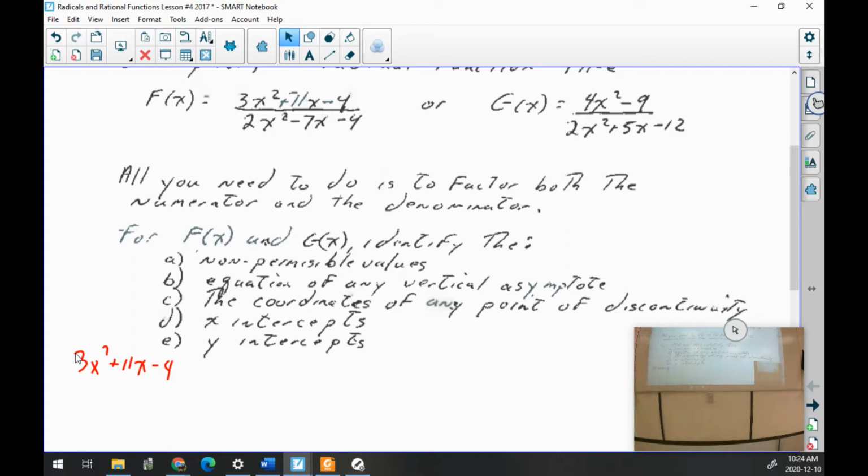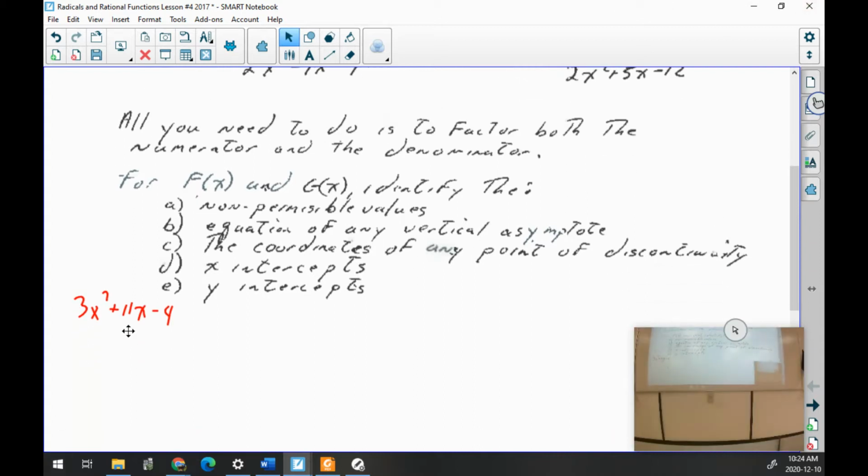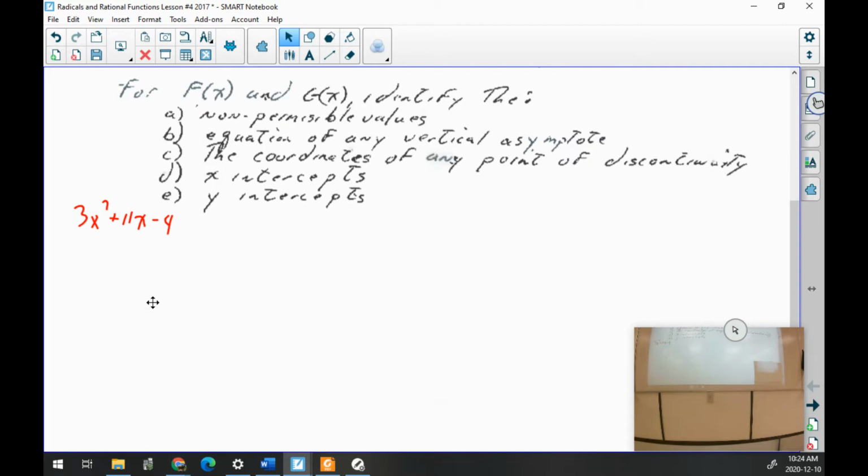We have two numbers that multiply to negative 12 and add to 11. I'm going to just do my explosion method. Two numbers are negative 1 and positive 12. Again, just basically doing our decomposition.